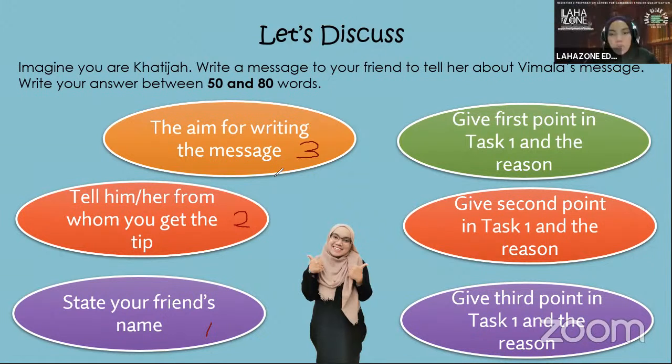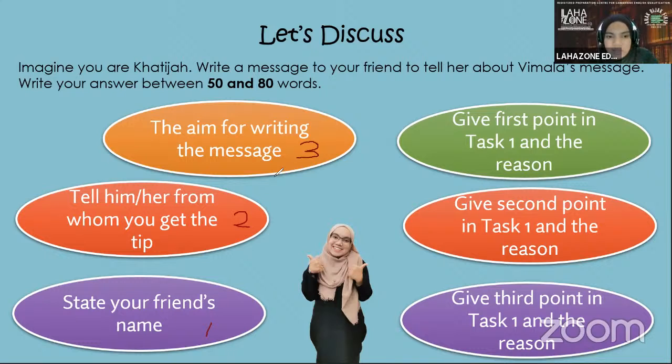Nombor 3, okay, contoh, Danish nak buat ayat, nak bagi tahu dekat kawan. Contohnya, Miss bagi tahu Danish tips untuk kekal sihat. Lepas tu, when you get the tip from me, Danish nak bagi tahu kawan Danish yang lain tentang tips yang Miss Rafizah bagi.